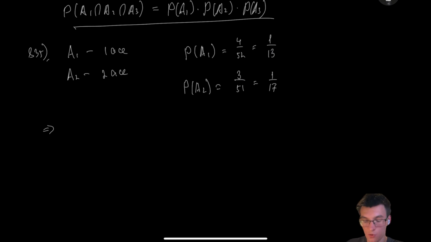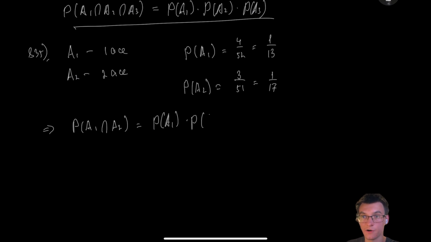And consequently, we have the probability of A1 happening and A2 happening as well. So we have basically drawn 2 aces in a row, which equals the probability of the event A1 times the probability of the event A2 given A1, which equals 1/13 times 1/17 equals 1/221. So this example illustrates how conditional probability can be used to calculate the likelihood of dependent events.